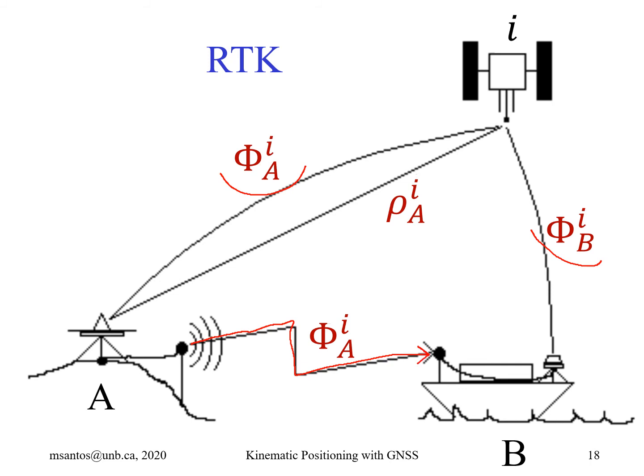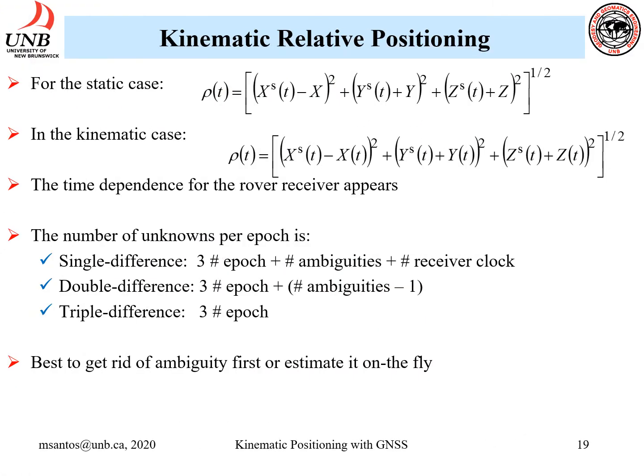Carrier phases will be sent from the rover to the base station. If you recall, we mentioned before elsewhere that kinematic positioning has a problem in terms of redundancy.